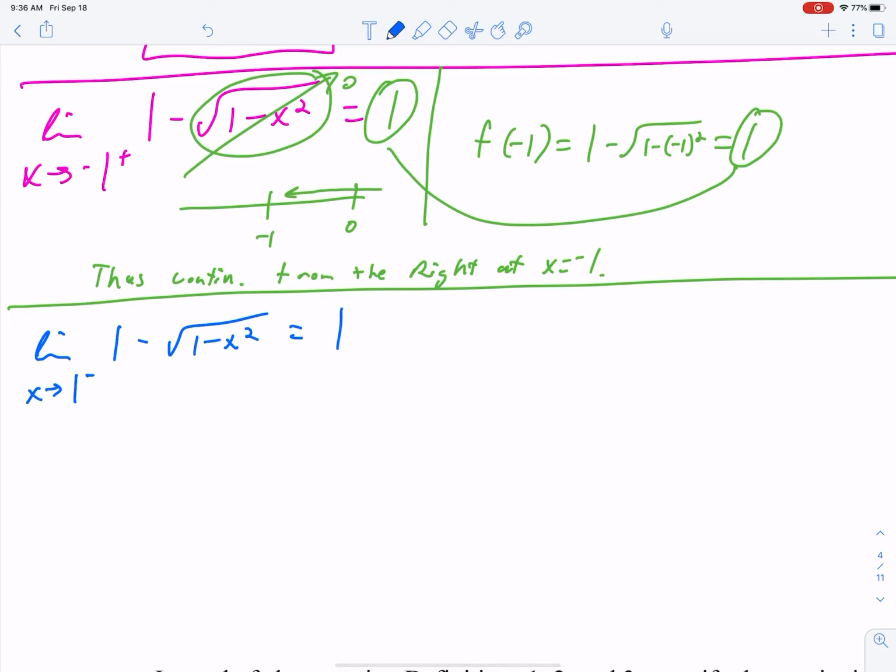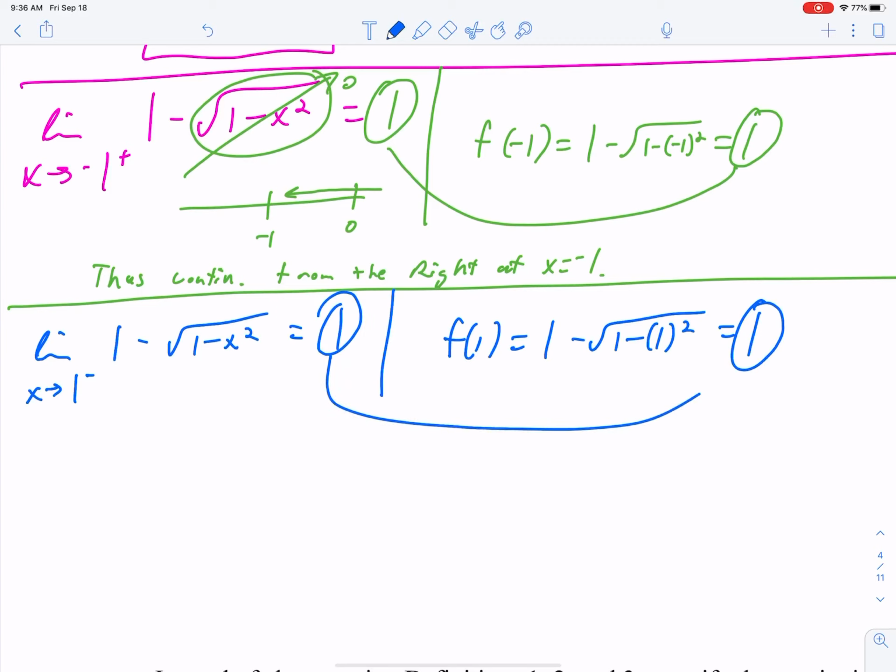So this limit is still 1. Okay? And we know f of 1, well, again, it's the same logic, right? Plug it all in. Well, that's still 1. All right, so the function value exists, the limit exists from the left.